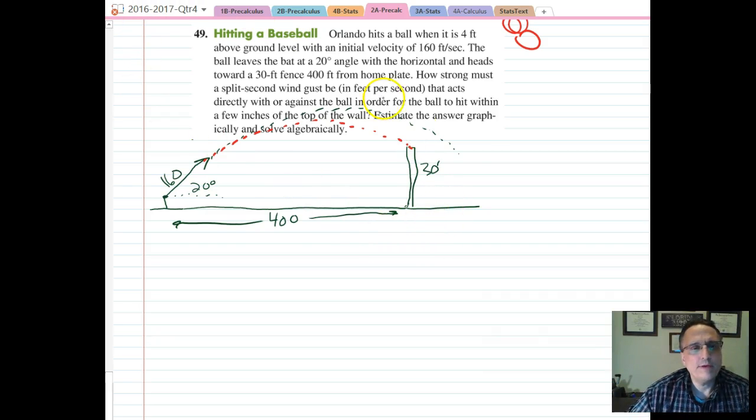Now, the first thing really that we have to do is come up with the equations that represent the motion as it's given at 160 feet per second at 20 degrees.